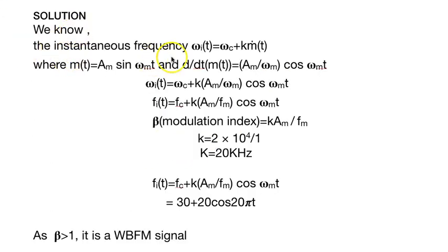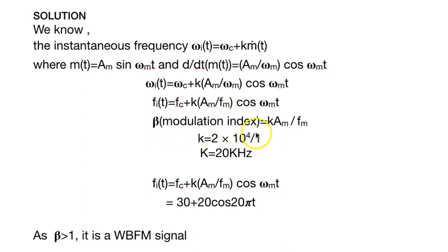We know the instantaneous frequency omega i is omega c plus k m(t), where m(t) is A sin omega m t, and integrating, we get A by omega m cos omega m t. Omega i is omega c plus k Am by omega m cos omega m t. So fi is fc plus k Am by fm cos omega m t.